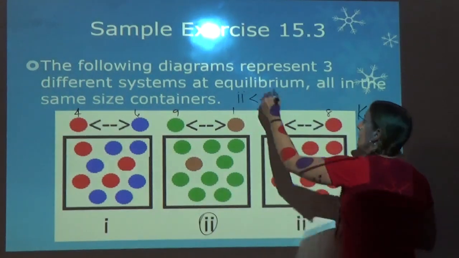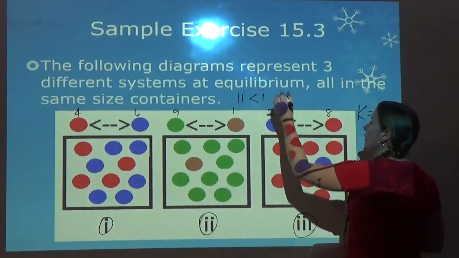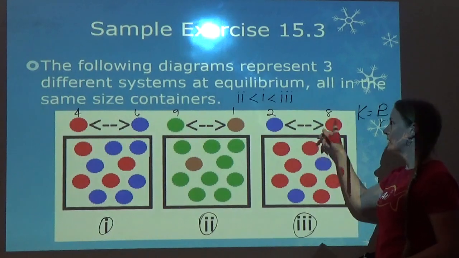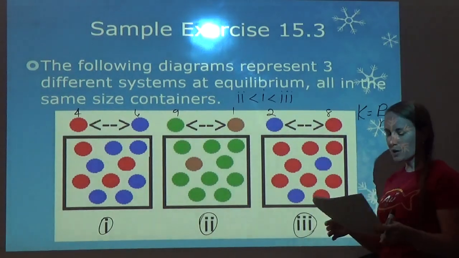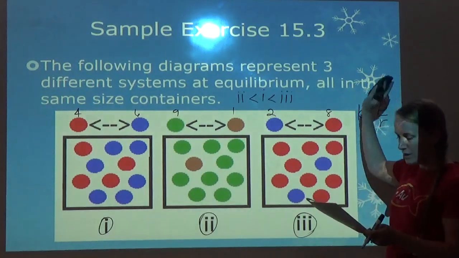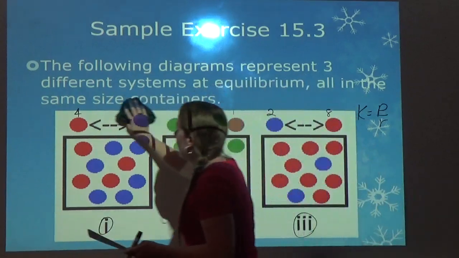So this one would be next, and then the largest one would be the third one because it would be 8 over 2. Remember, it's just products over reactants. So super easy. Hopefully that wasn't that bad. And that's it.